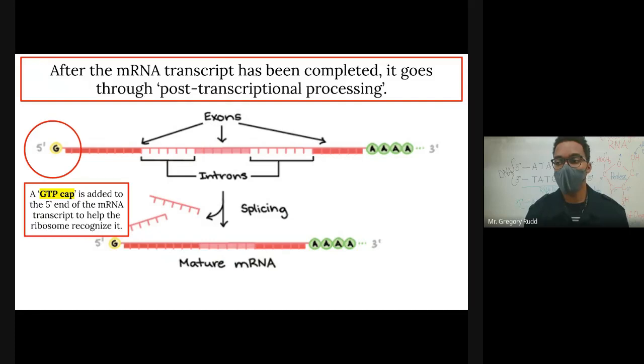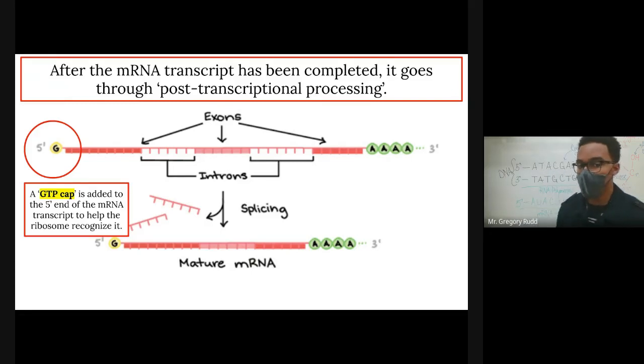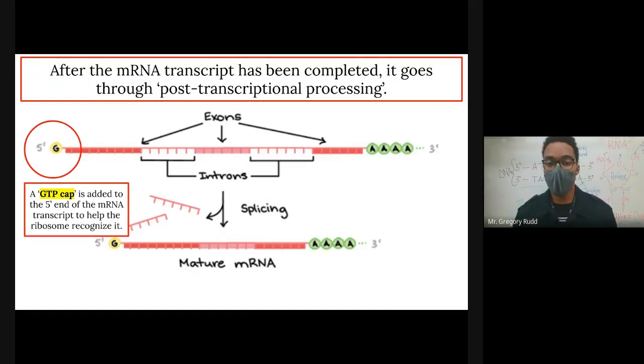The first thing that happens is a GTP cap gets added to the 5' end of the mRNA transcript. So we would add a GTP right here. And this GTP cap is meant to help the ribosome recognize the mRNA.